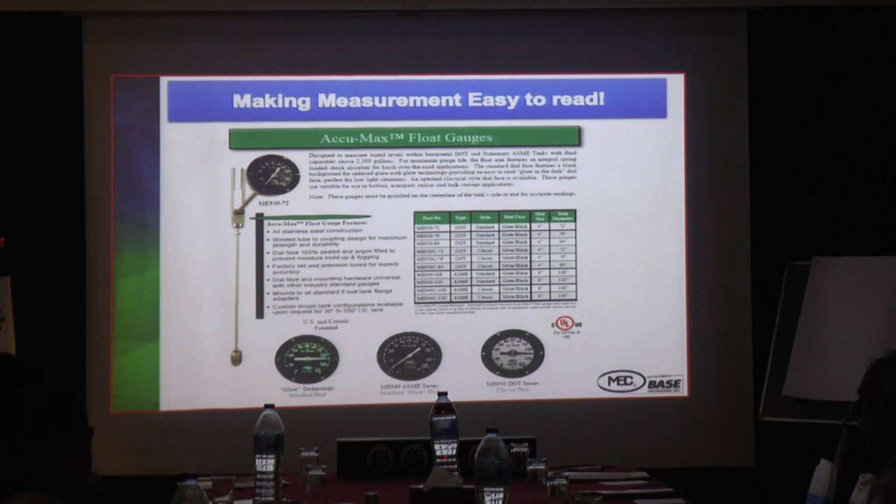But bear in mind, the tank must have a manhole because you need to go into the tank to put the float gauge inside. That is only 1 inch and you cannot put the float through the 1 inch hole. So you must be able to go into the tank. If the tank doesn't have a manhole, you cannot change it. There's no way.